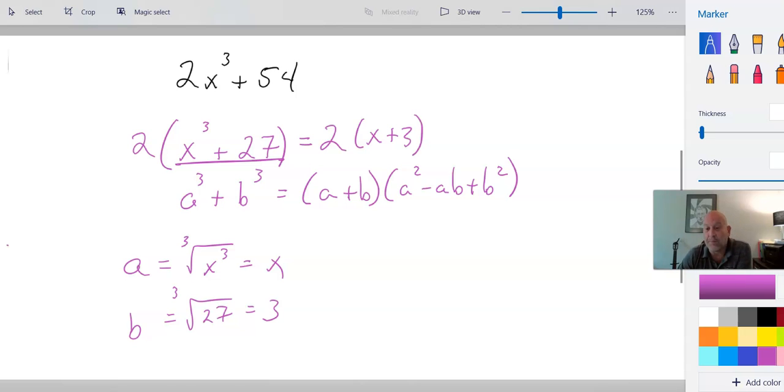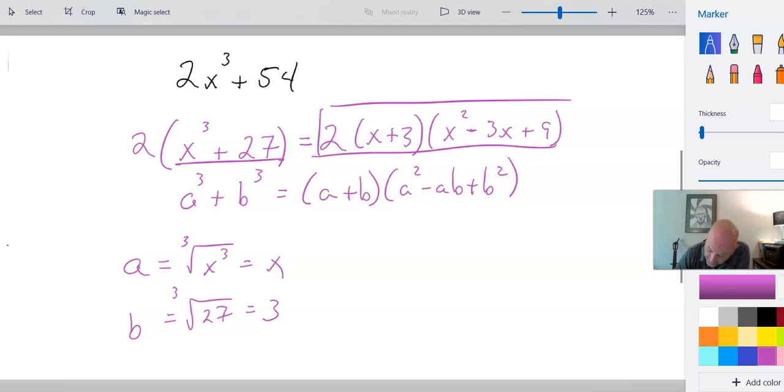Then I usually build the next part off of this x plus 3. It's x times x, so that's x squared. I need that negative in here, but then it's x times 3, so that's 3x. And then 3 times 3, which is 9. And so we have this thing factored now.